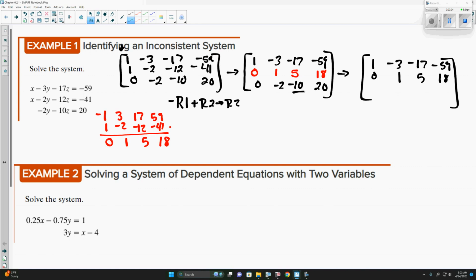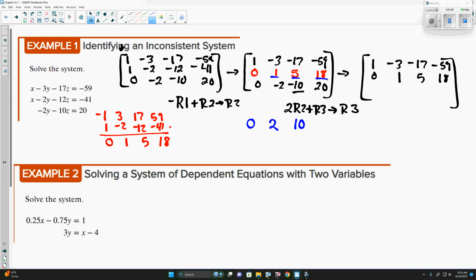Now to do this, we can take 2 times row 2 and add it to row 3 and apply it to row 3. So if we multiply row 2 by 2, 2 times 0 is going to be 0. 2 times our 1 is 2. 2 times 5 is 10.